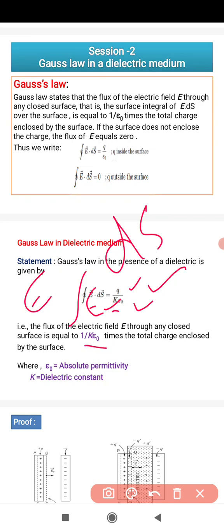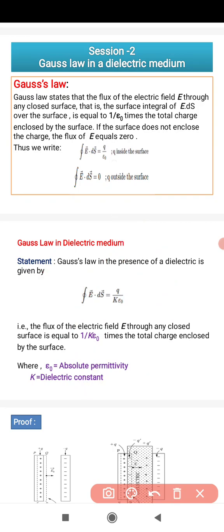So the flux of an electric field through any closed surface equals 1 by epsilon naught times the total charge enclosed by the surface, where epsilon naught is the absolute permittivity and K is the dielectric constant.